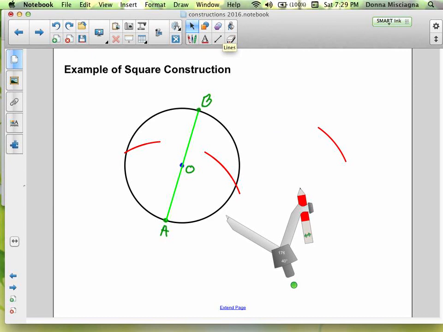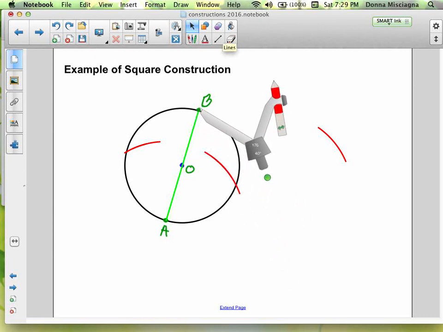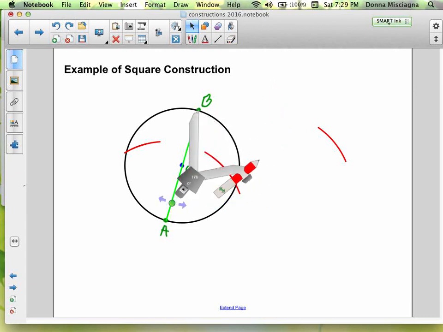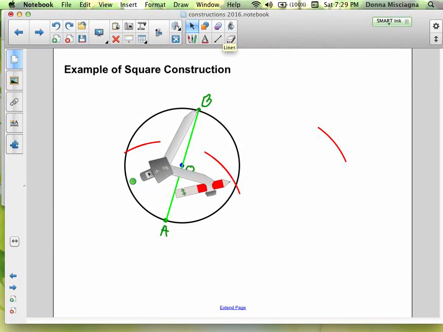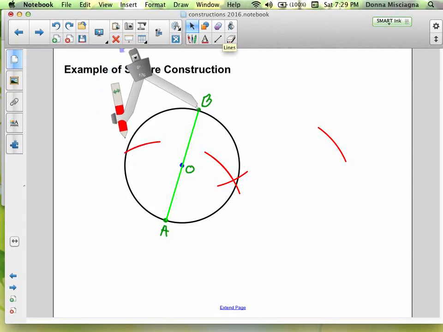All right, so now we'll move it to point B. And now I'm sure it's going to go through. There we go. Make the arc on either side again. And they are intersecting, which is nice.